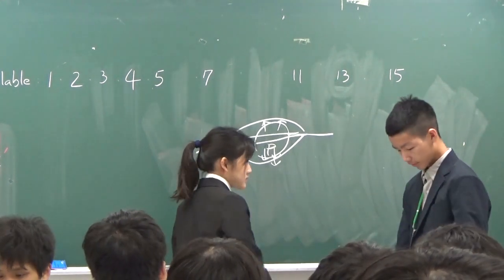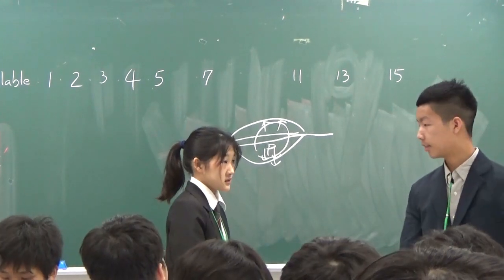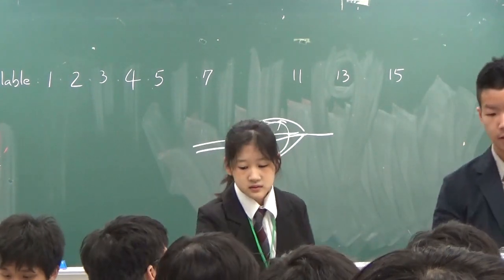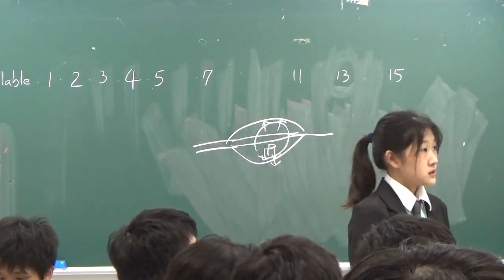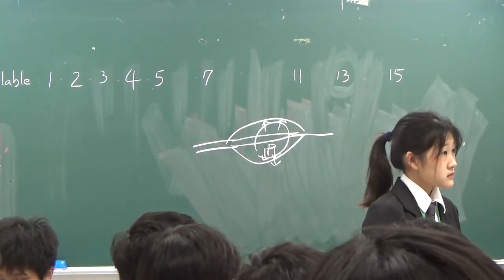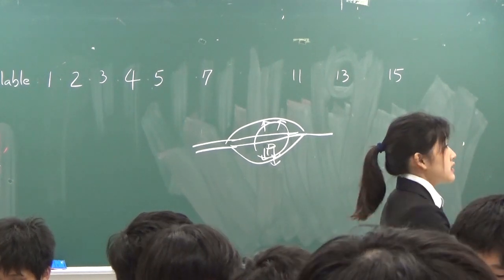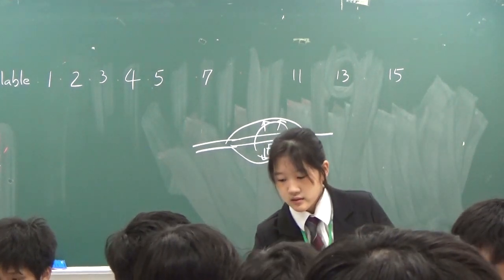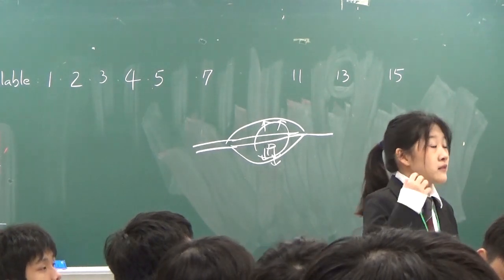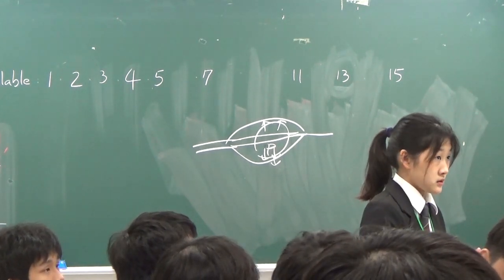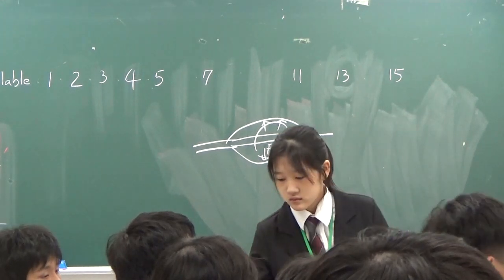Okay, thank you. And can you please turn to page 16 of your PowerPoint? Did you mention how you inflate the balloon? In this experiment, I inflate the same volume of the balloon. How did you inflate it? With a syringe.